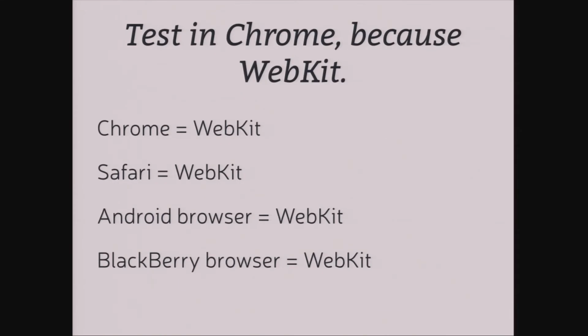The reason why was, we tested in Chrome because everything was WebKit, right? It's all the same. So we didn't think that we had any problems. Chrome is WebKit, Safari is WebKit, the Android browser is WebKit, even the BlackBerry browser was WebKit. So we as developers felt really good. We felt really, really confident, but we have a pretty good QA team, and they asked some questions.